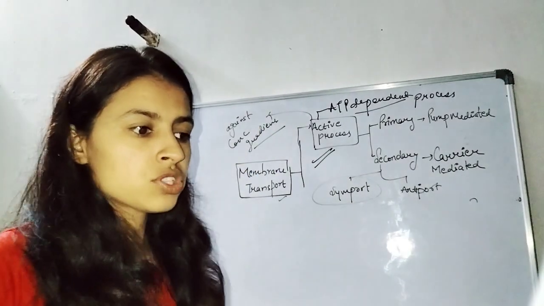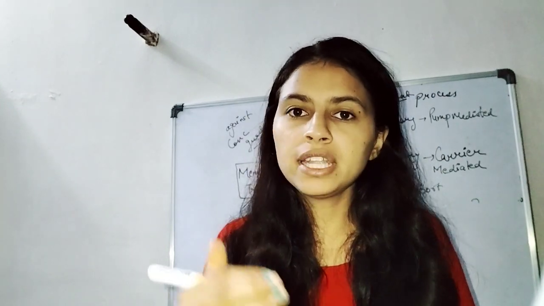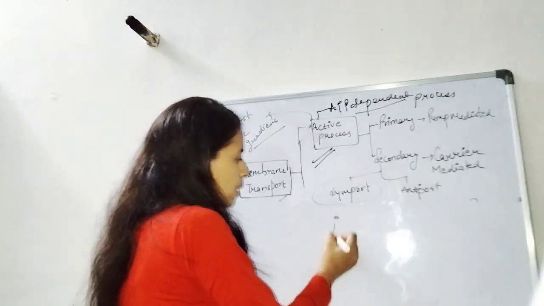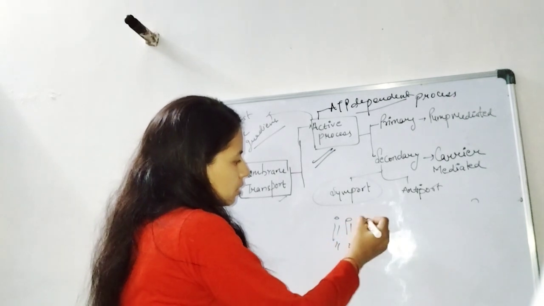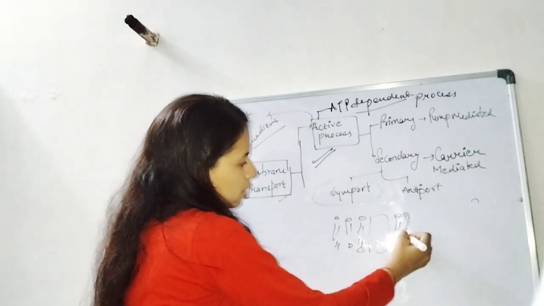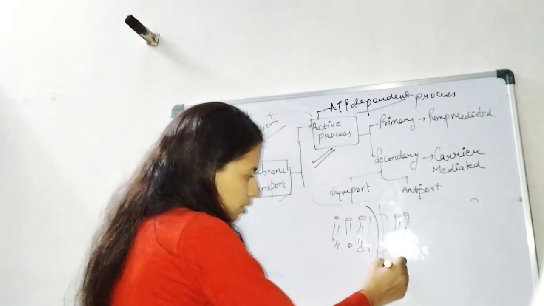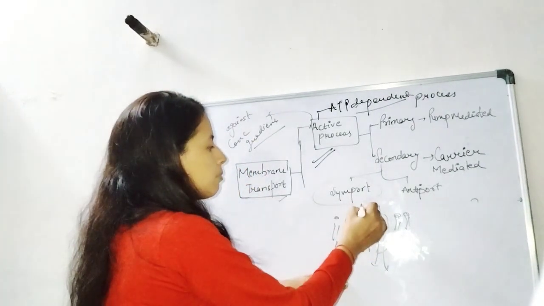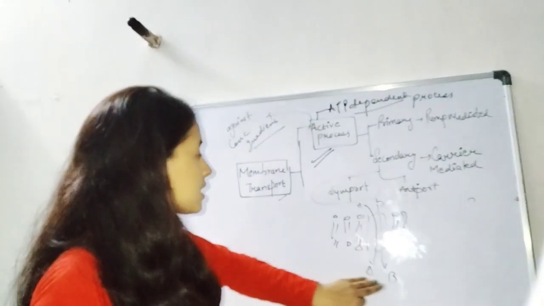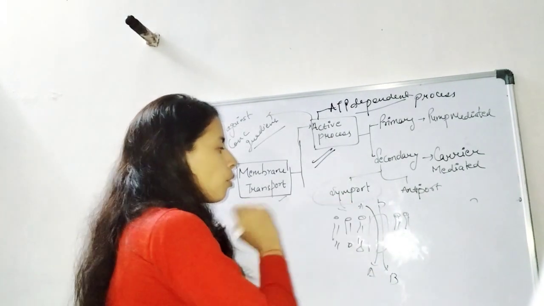Firstly, we understand symport transport. In symport transport, two molecules move simultaneously in the same direction. For example, there is a plasma membrane. When two molecules, A and B, move simultaneously in the same direction across the plasma membrane, we call this a symport process.